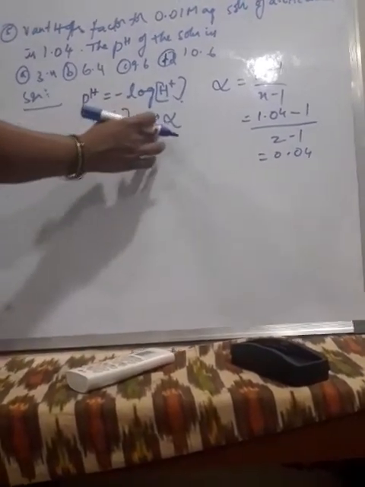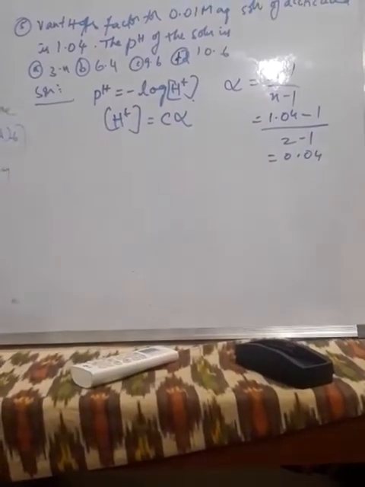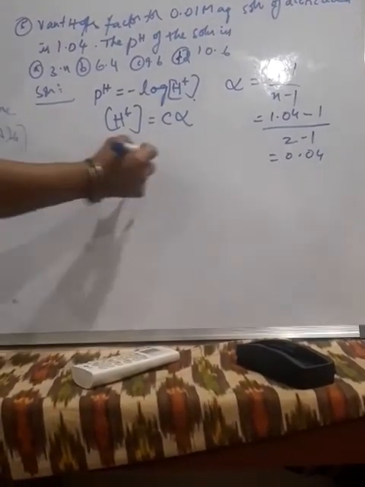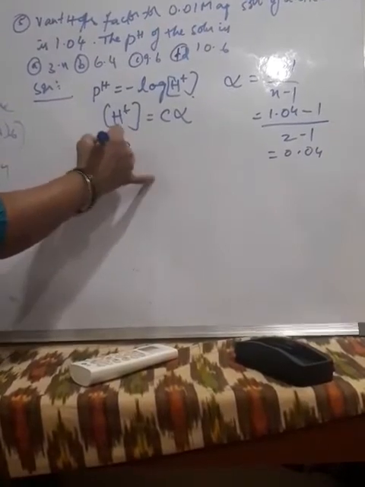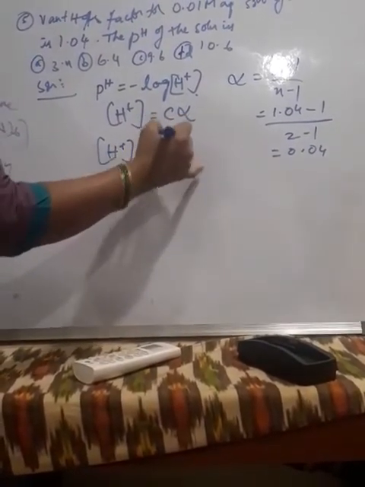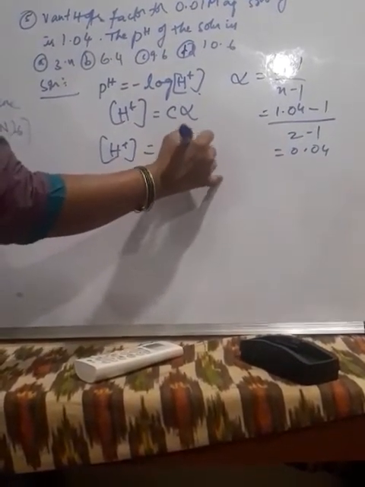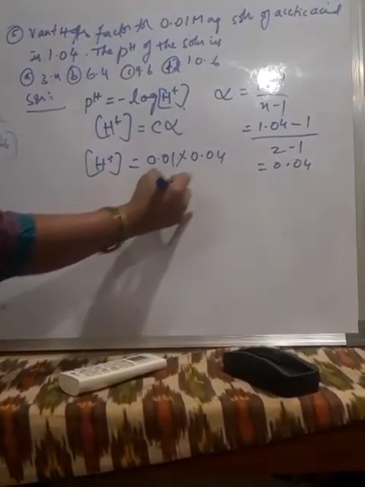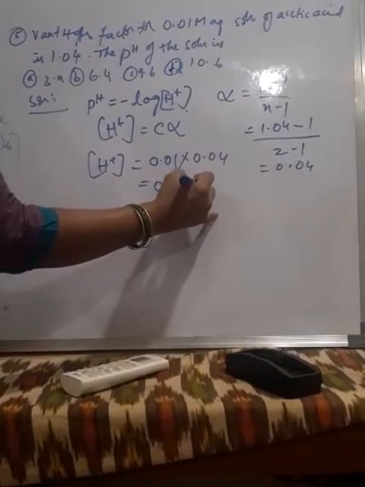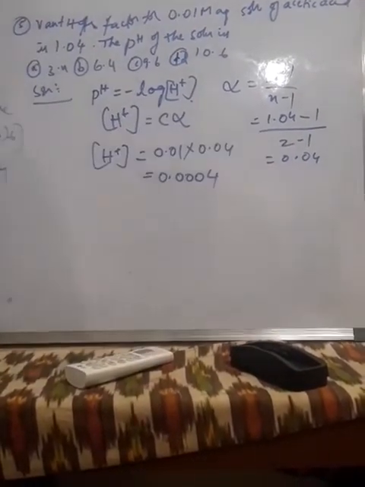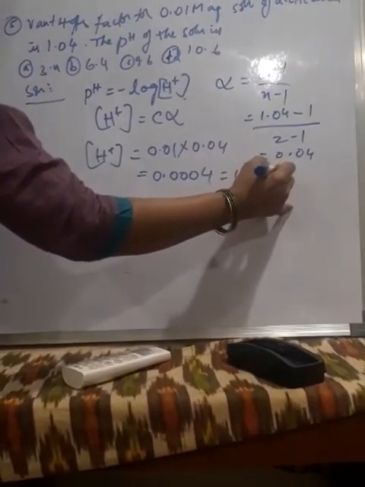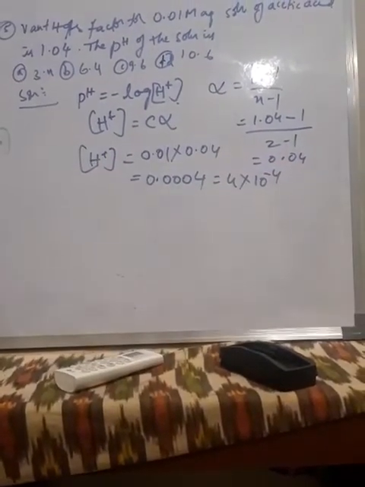And what is the concentration? Concentration is 0.01. Then H+ is equal to C alpha, 0.01 into 0.04. So we get 0.0004, so 4 into 10 to the power minus 4. That is H+ ion concentration.